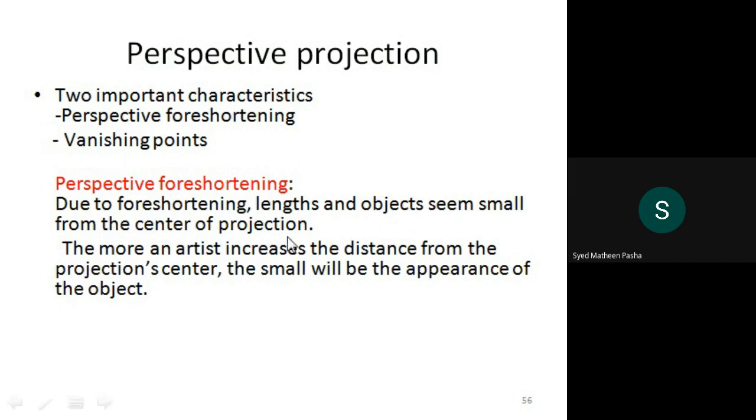The more an artist increases the distance from the projection center, the smaller the appearance of the object. That is, it depends on the viewer how he varies the distance of an object from the COP, the center of projection. Then the appearance of that object varies with that distance. As I told, in perspective projection, distance matters a lot. So in perspective foreshortening also, distance plays an important role.